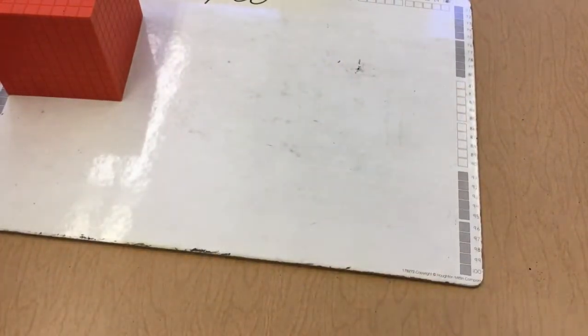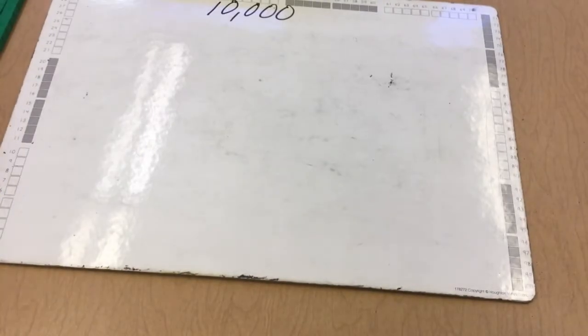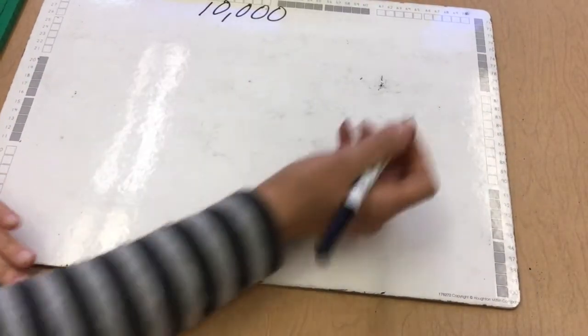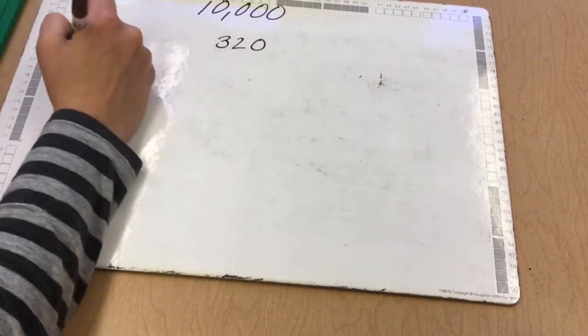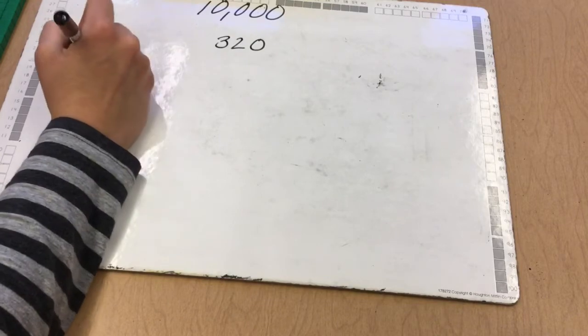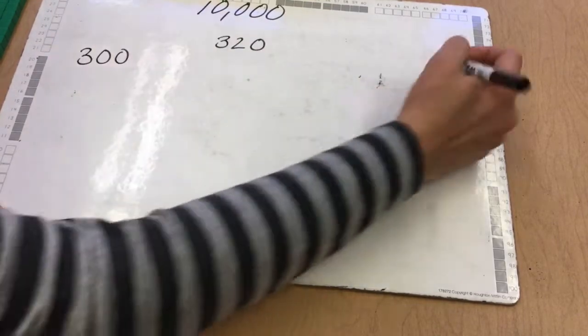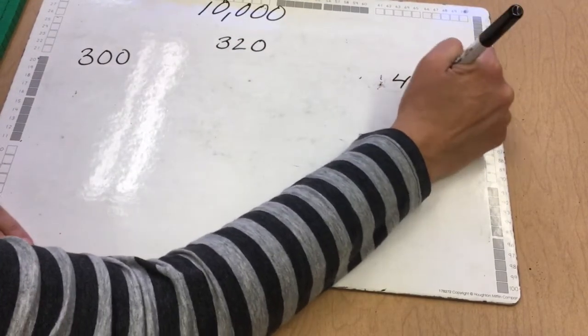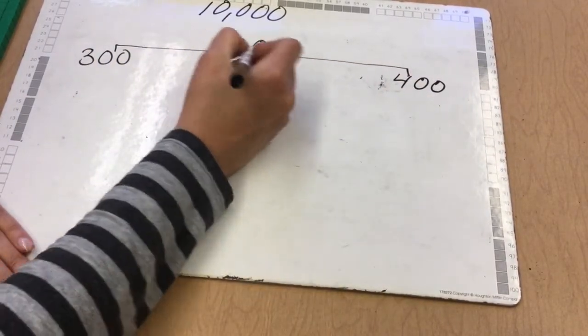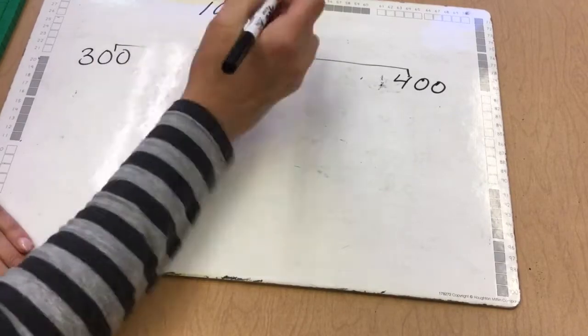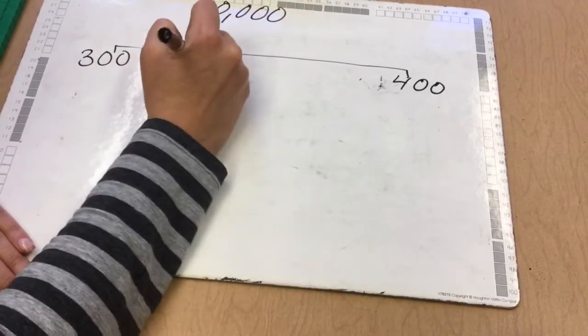Something new that's taught in third grade, which can kind of be a little tricky, is rounding. We want kids to be able to round to the nearest tens and the nearest hundred. So for example, if they're rounding 320 to the nearest 100, I like to show them this on a number line. Well, 320 would be about here.